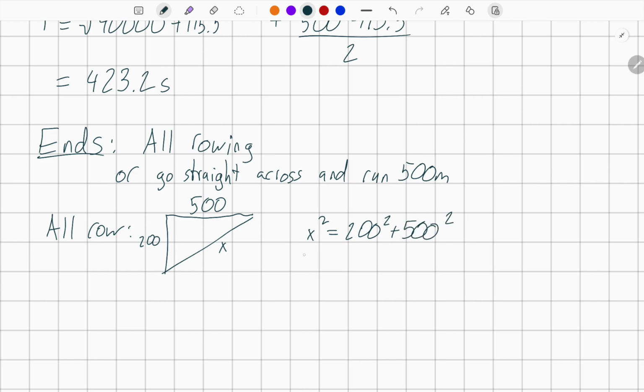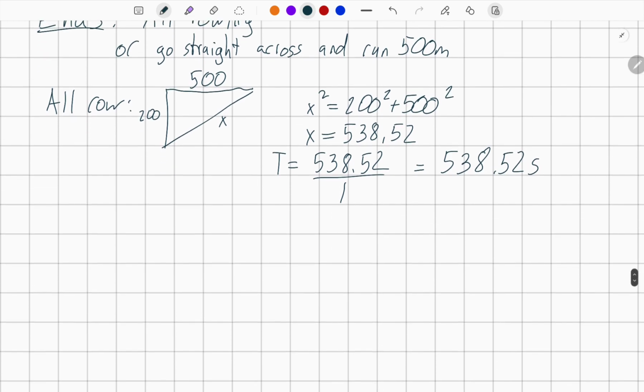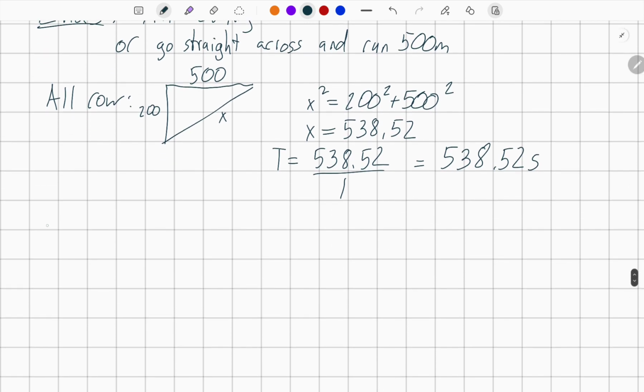And then we can easily figure out the time from there. So x in this case, by Pythagorean theorem, is about 538.52. And so the time, well, since we're just rowing, it's just going to be that distance divided by 1. So, well, there's no real calculation there to do. It just ends up being 538.52 seconds. So definitely slower.